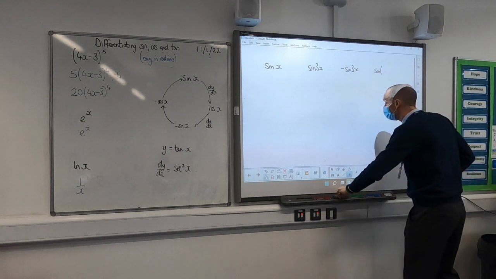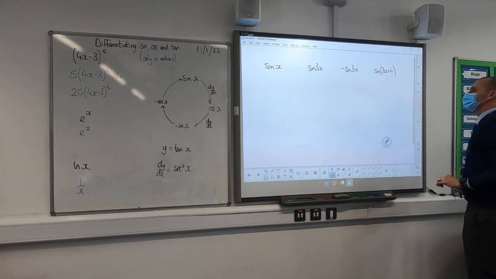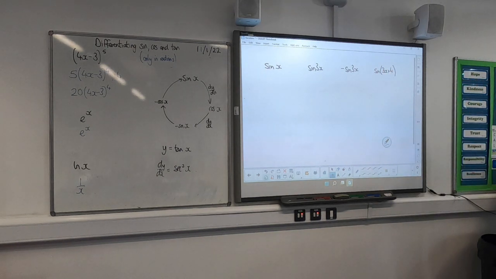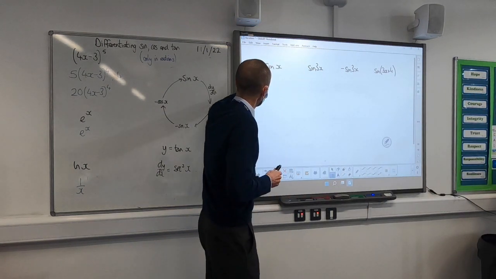And so we can differentiate steadily more complicated things using a similar approach to the one we used for e's and logs and the brackets that we've come across in previous lessons. So when I differentiate sin x, I get cos x.